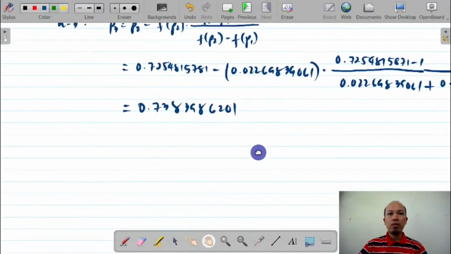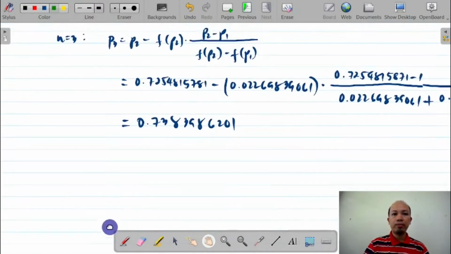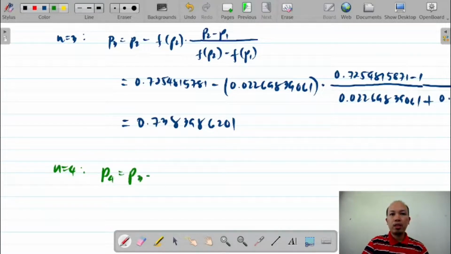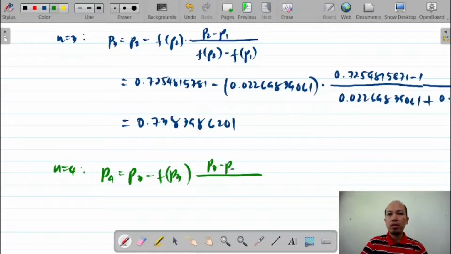So maybe if you proceed to n is equal to 4, p sub 4 is equal to p sub 3 minus f of p sub 3 times the quantity p sub 3 minus p sub 2, over f of p sub 3 minus f of p sub 2.